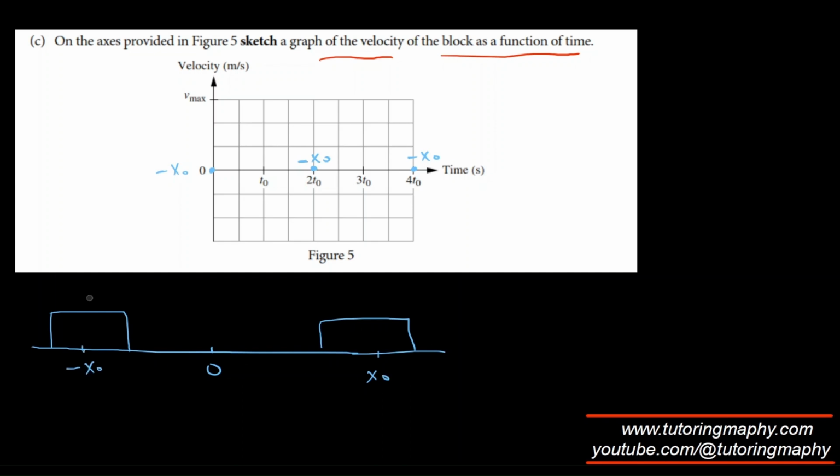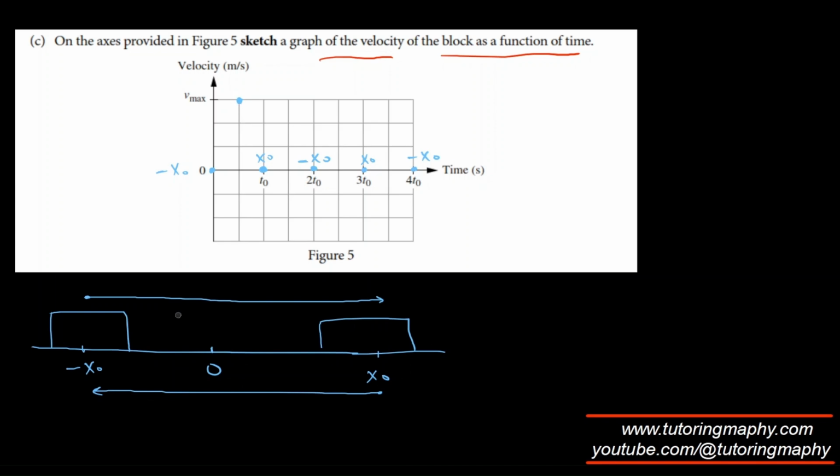After half time period, it should come here, because after another half, it will again come back. So half time period is over here. At this point, it should be at x naught. In between, it should pass the equilibrium point, because equilibrium point is where the velocity is maximum. So it will hit the maxima over here.